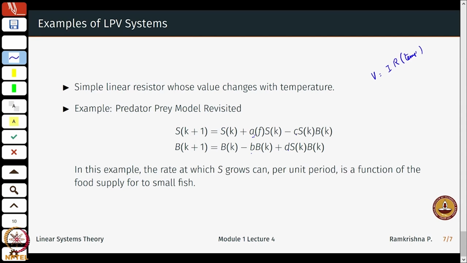So, the rate at which S grows is a function of food supply. I can add an extra term, or extra flexibility, to model this as a parameter varying system, and you could visualize many of these. Sometime during the course I can quote some literature on parameter varying systems, even though it will not be our aim to comprehensively look at those.